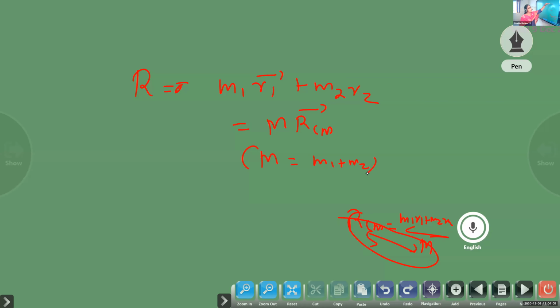So you are writing only the numerator, with the denominator multiplied to the left side. So capital M is M1 plus M2, and small m1 and small m2 are the masses of the particles, and R1 and R2 are the corresponding position vectors.